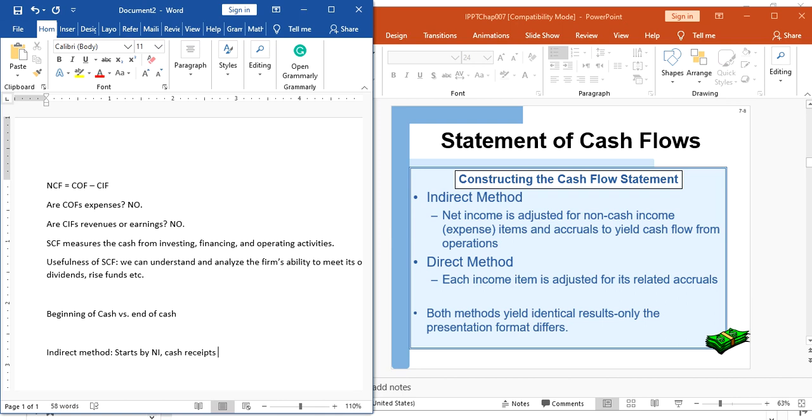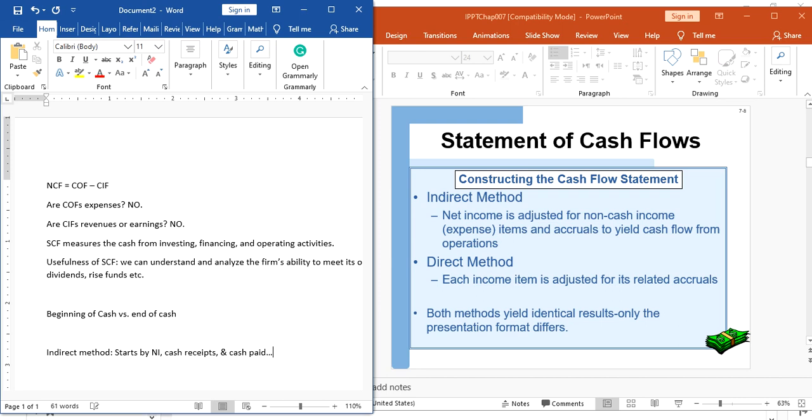Okay, so that will be added as an inflow, and also cash paid to suppliers, cash used for inventory, cash paid for rent, cash paid as salary.